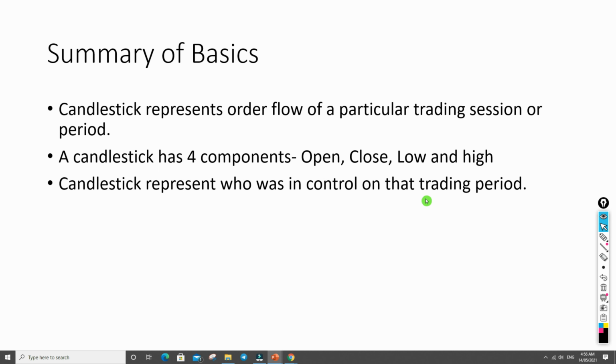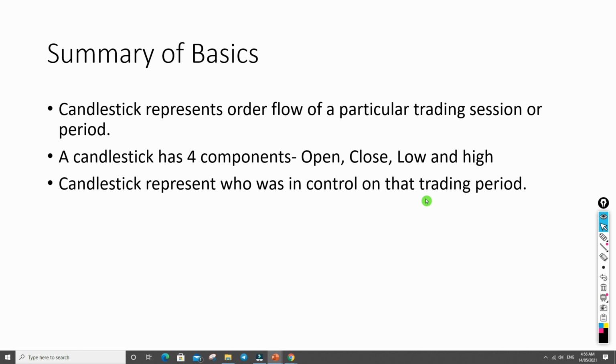Now we have learned the basics of the candlestick. Now let's do the summary. A candlestick pattern represents the order flow of a particular trading session or period. A candlestick has four components: open, close, low, and high.